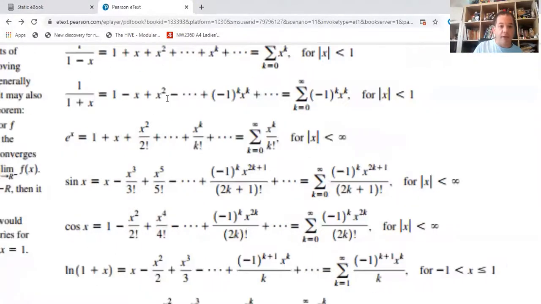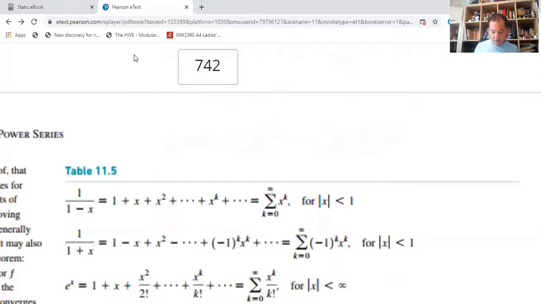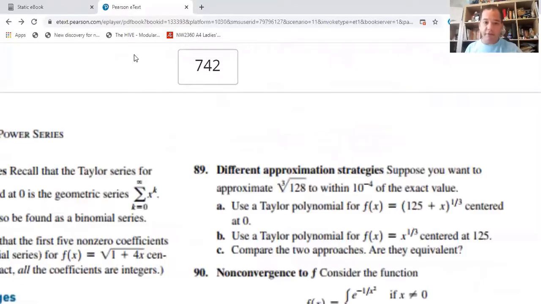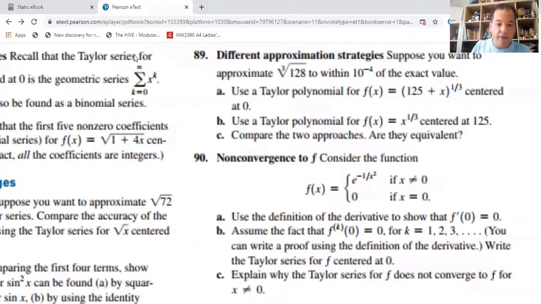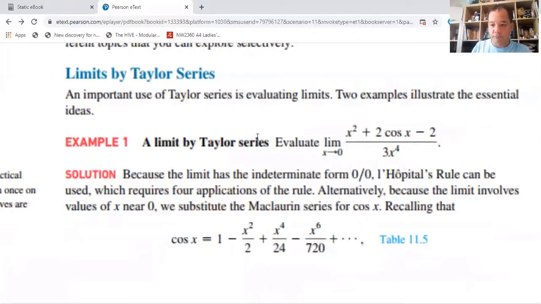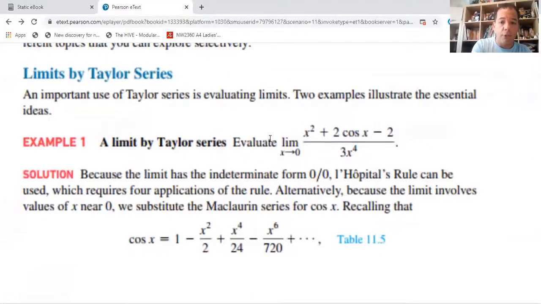This is now from page 742. And it's about calculating a limit, all right? Now, this is a limit that we can do in a different way, but we'll do it using our new properties.